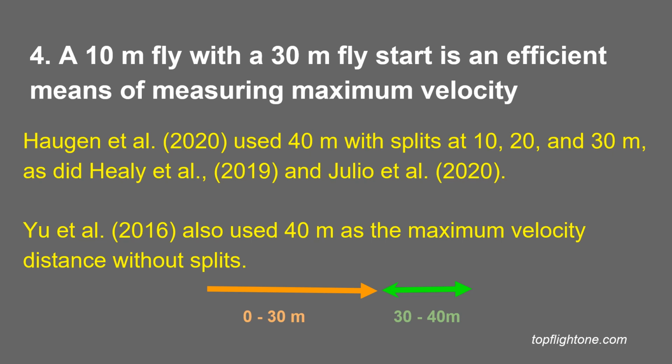Number four, a 10-meter fly with a 30-meter fly start is an efficient means of measuring maximum velocity. There are many different ways to quantify an athlete's maximum velocity or speed.